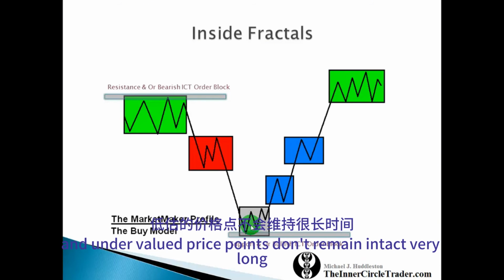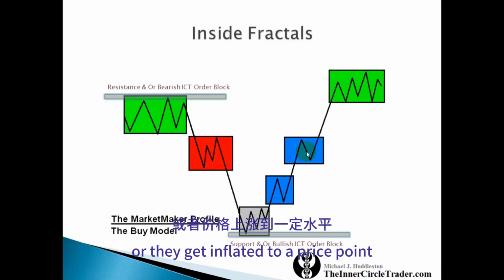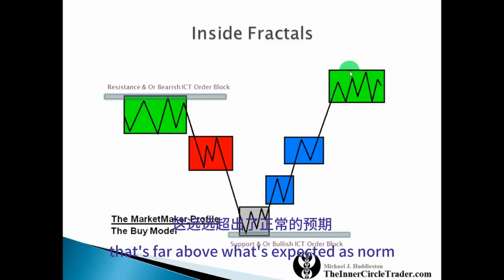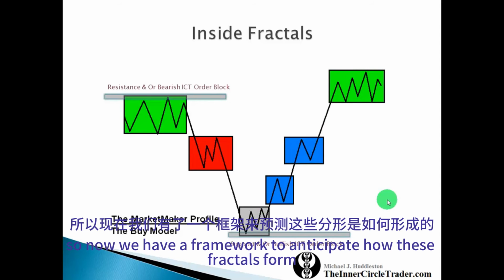And undervalued price points don't remain intact very long. They quickly move back either to equilibrium or they get inflated to a price point that's far above what's expected as the norm.